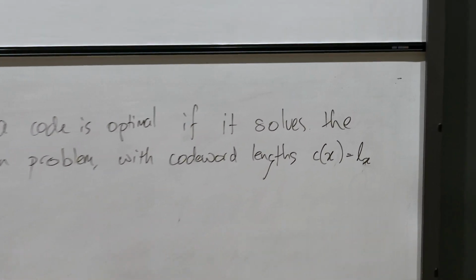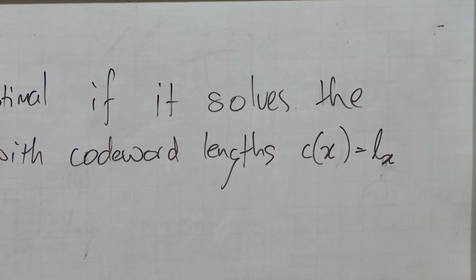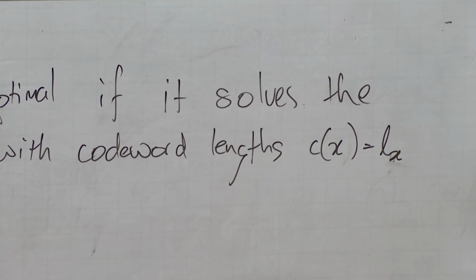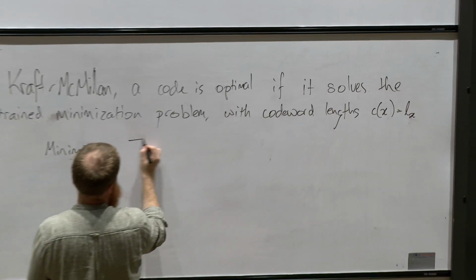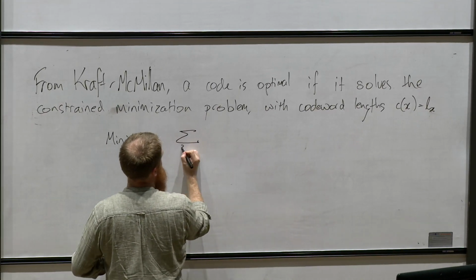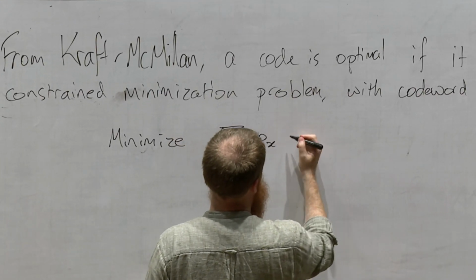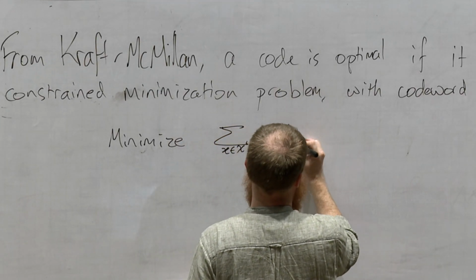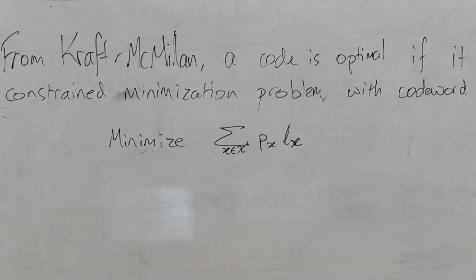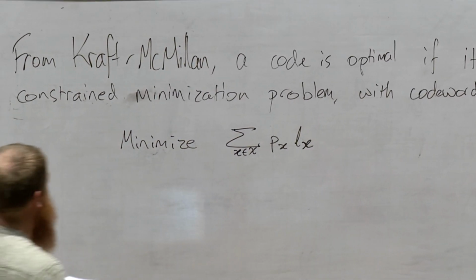So we're trying to minimize the expected code word length. This is the sum over x's in my input space, probability of x times L of x. That's the average code word length. That's the thing I'm trying to minimize.